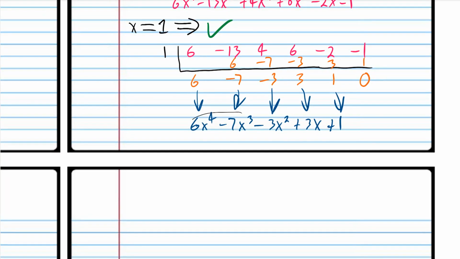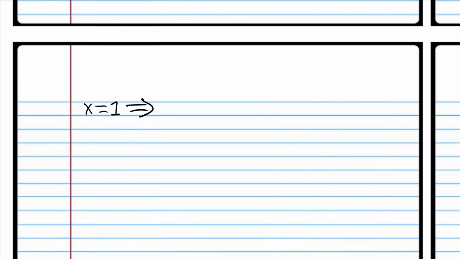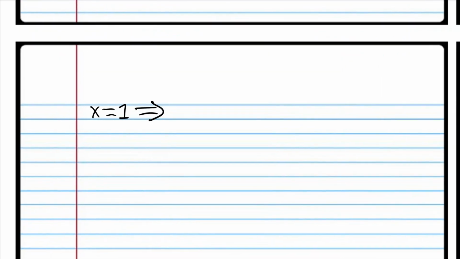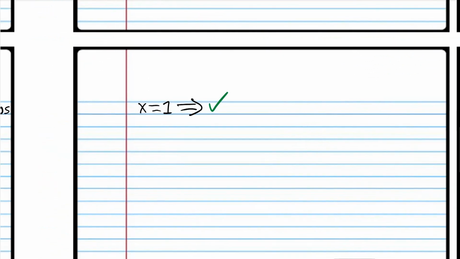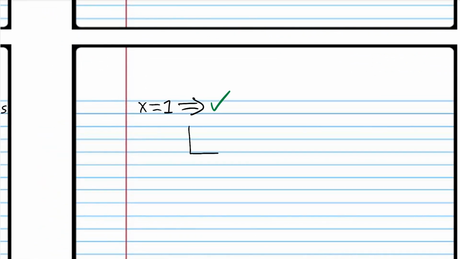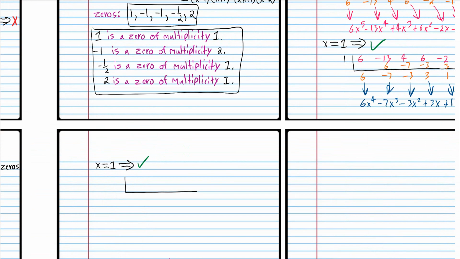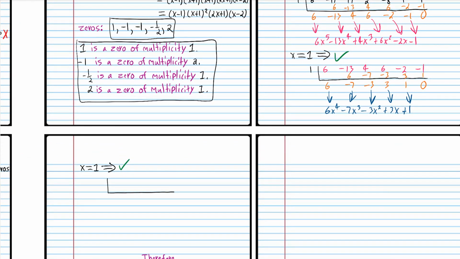So 6 minus 7 is negative 1. Negative 1 minus 3 is negative 4. Negative 4 plus 3 is negative 1. Negative 1 plus 1 is 0. So that works again. So now we know that we can divide by x minus 1.